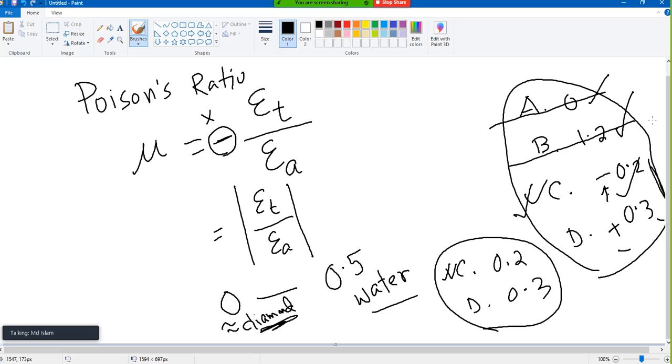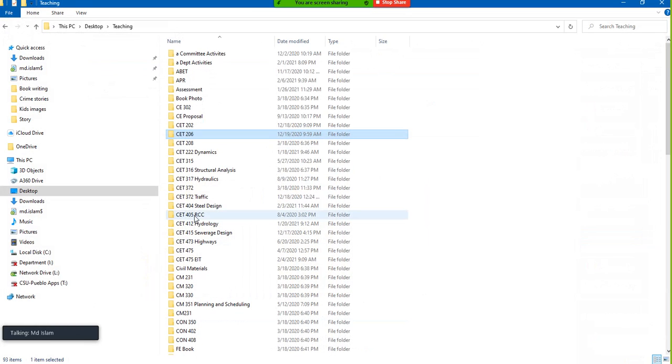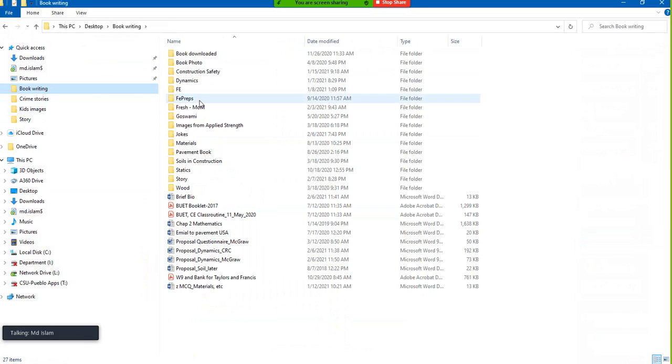Okay, so let us start. Let us solve a problem on Poisson ratio. In your handout, it is going. Sorry, PDF file and Zoom, it doesn't work.